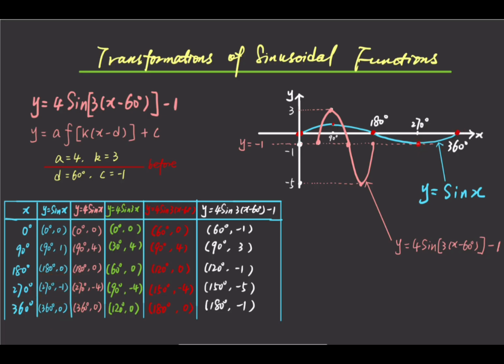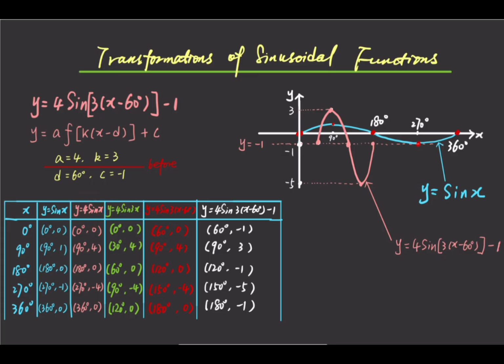If you follow the whole transforming process, you can figure out the corresponding image point for every original point on the original function, on every transformed function, respectively. That is to say, for this function, if you want to transform this function to this function, you need to keep the x-coordinate unchanged. You just need to use 4 to multiply this y-coordinate. So this point will be this point on this transformed function.